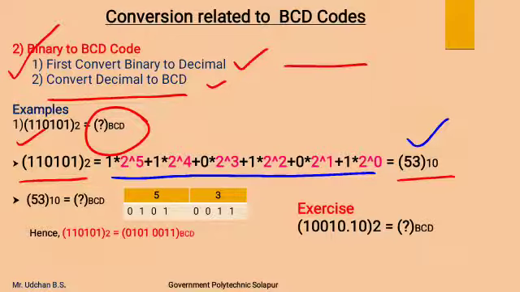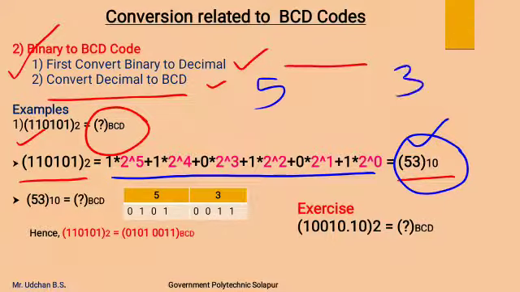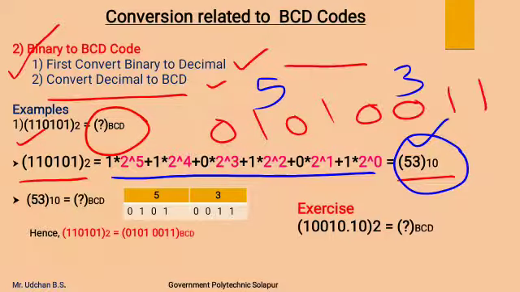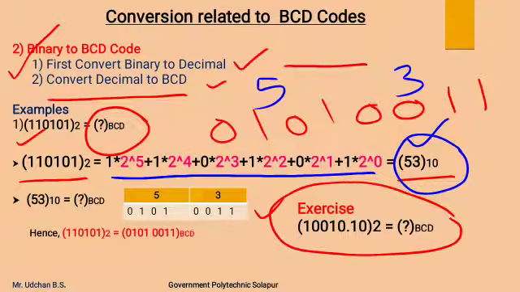Now we can write a BCD code for each of the digits available in this decimal number, that is for 5 and 3. For 5 the BCD code will be 0101, and for 3 the BCD code will be 0011. This is how we can convert the given binary number into the BCD. This you can perform on your own.